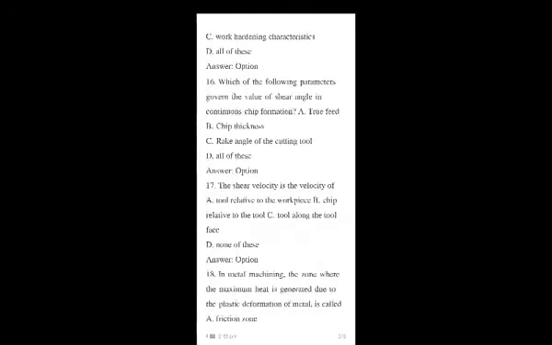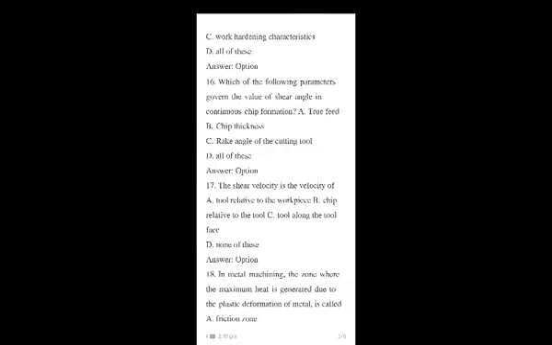Okay, option D is correct. Which of the following parameters govern the value of shear angle in continuous chip formation? So here also all of these, option D for question number 16. 17, the shear velocity is the velocity of... here none of this is there for question number 17.